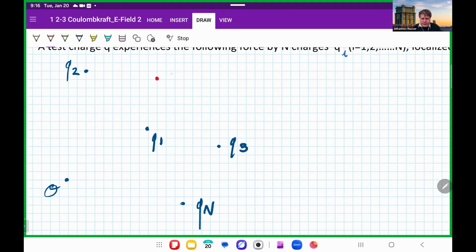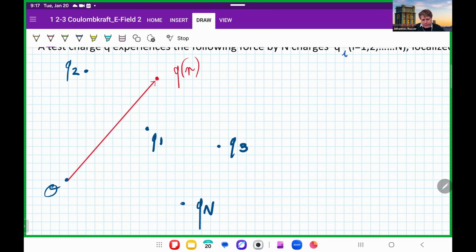This is our charge Q. And we want to obtain now the total force on the test charge due to this multitude of other charges distributed in space here. So this is our vector R.